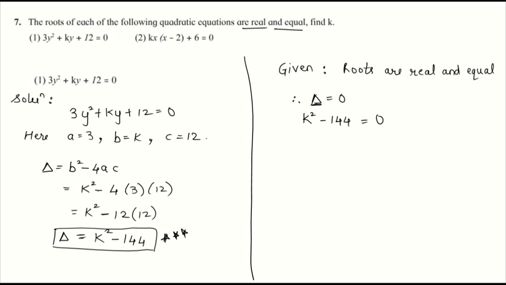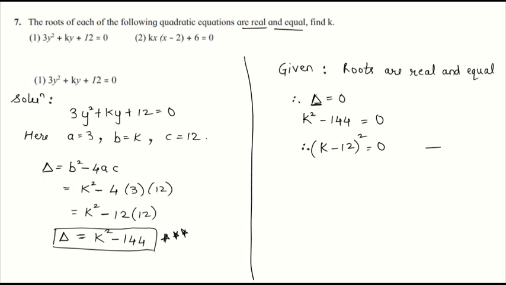Okay, let's solve this. We will make the square first. As we have k square minus 144, we can also write it as k minus 12 whole square, because 12 is the square root of 144, is equal to 0.